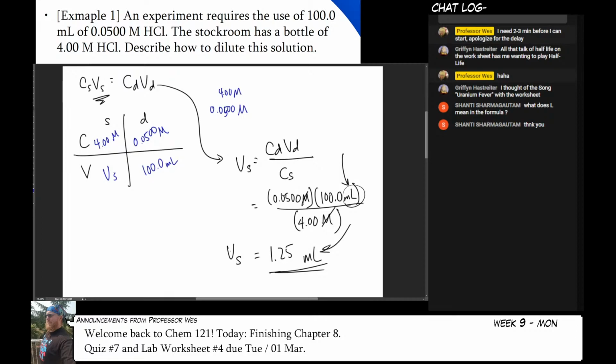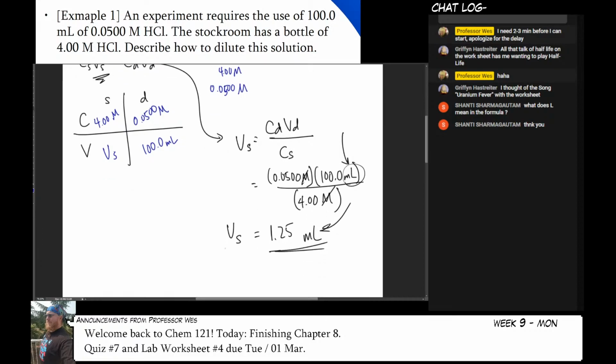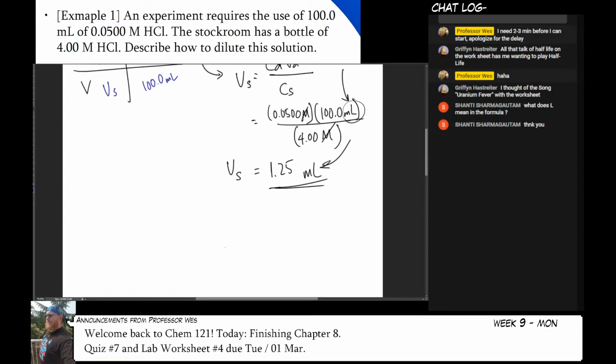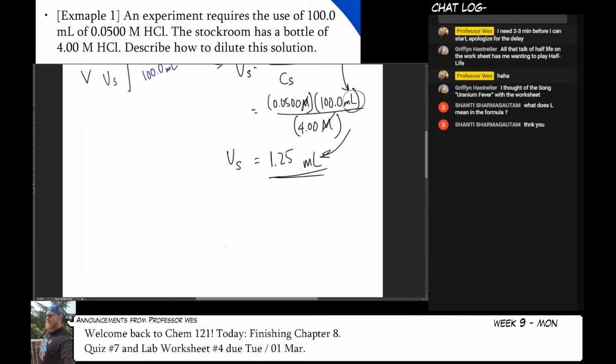Now, contextually speaking, what does this number mean? We've solved for a number, but how do we use it? Does this answer the question that's being asked? Well, at the top it says, describe how to dilute the solution. If you told me that you've prepared the solution and you handed me a piece of paper that just said this number on it, I would say, this isn't a solution. This is an answer to a problem, but it is not the solution that I need to administer to the patient or whatever.